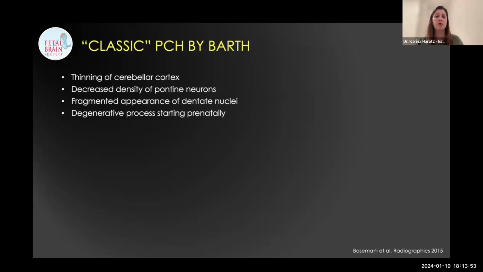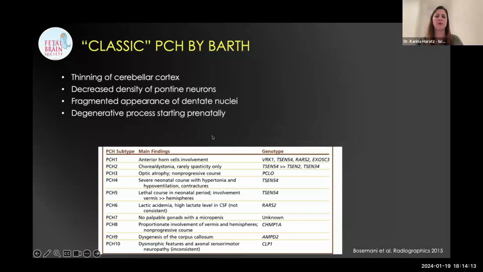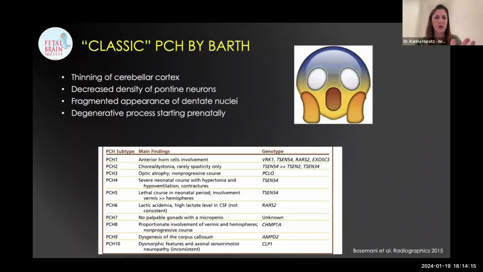And the pontocerebellar hypoplasia term was described in 1993 by Peter Barth, and these are the classic pontocerebellar hypoplasias. And here he describes thinning of cerebellar cortex, decreased density of the pontine neurons, fragmented appearance of dentate nuclei, degenerative process starts prenatally, and whenever reading these sentences, the sonographer already needs resuscitation.